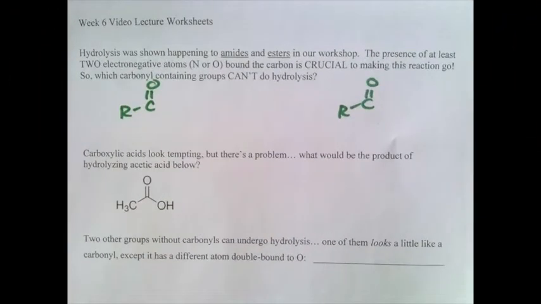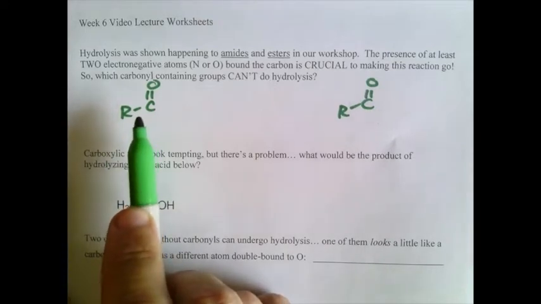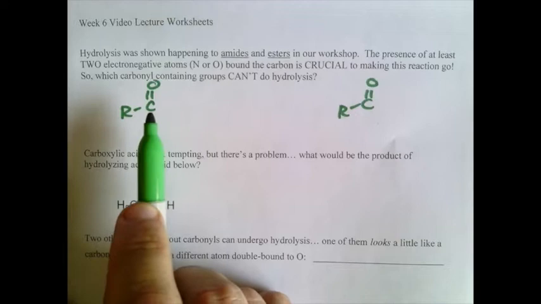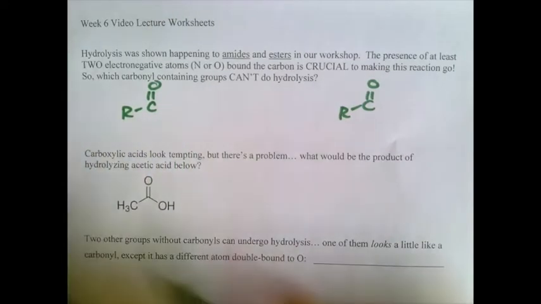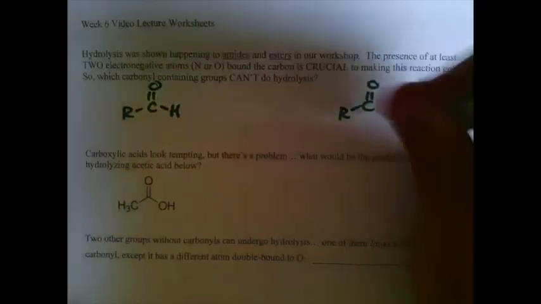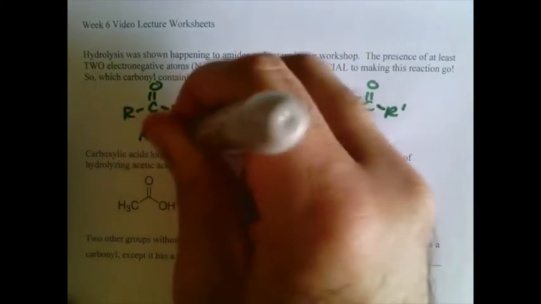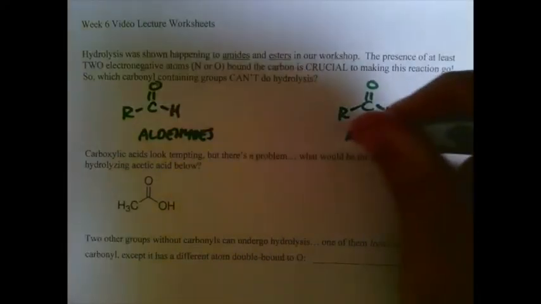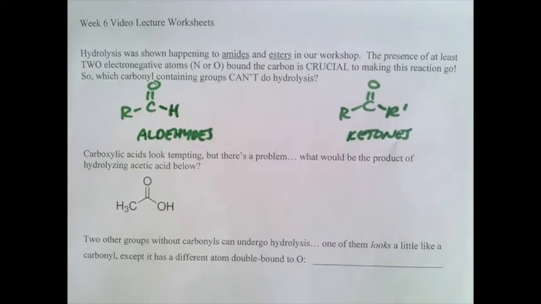So if you've examined the other groups that contain carbonyls, you may see here that there are two functional groups that don't have a really electronegative atom like O or N bound to the carbonyl, and those would be the aldehyde and the ketone. And so aldehydes and ketones are not going to be involved in hydrolysis or condensation, for that matter. They've got their own thing going with the dehydrogenation and the hydrogenation reactions.